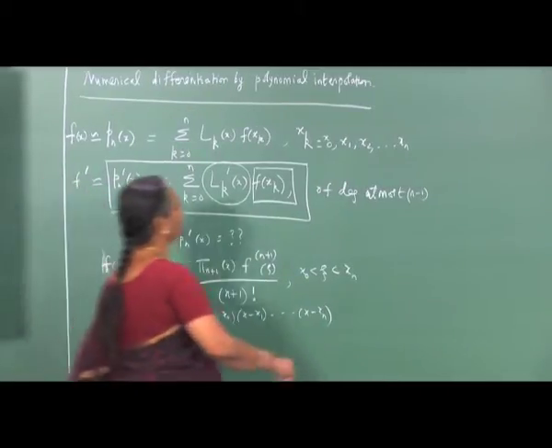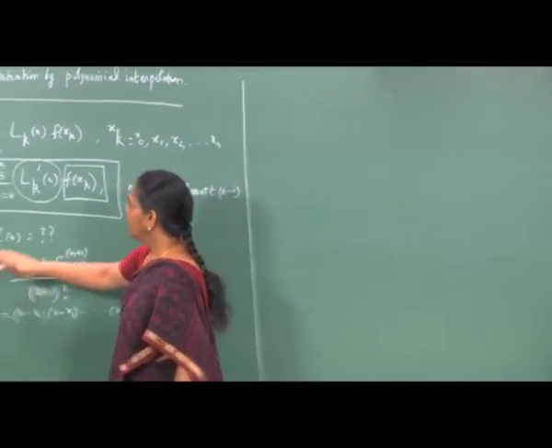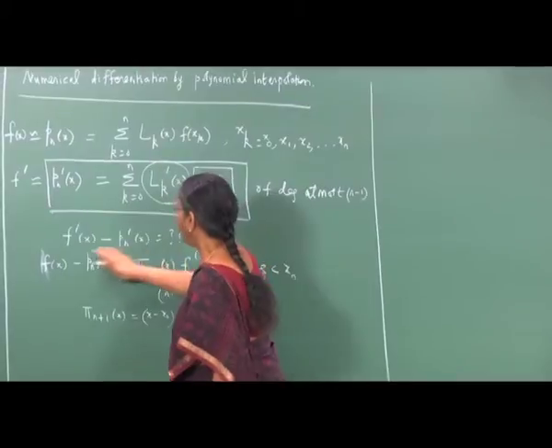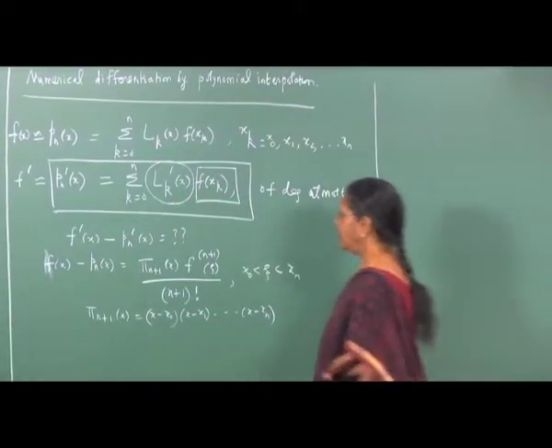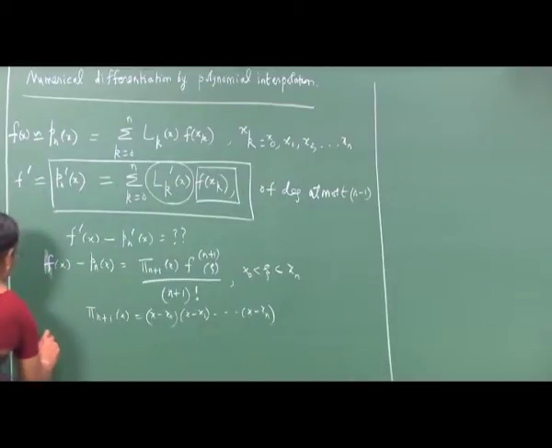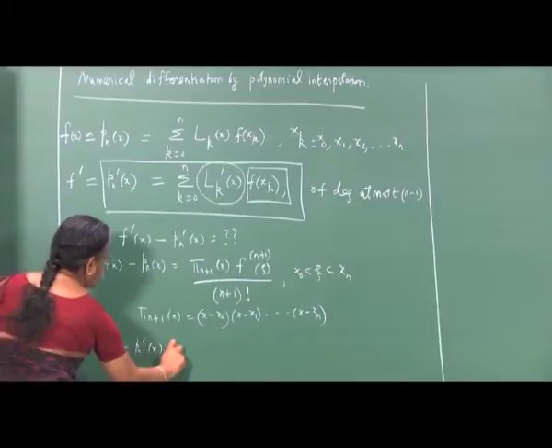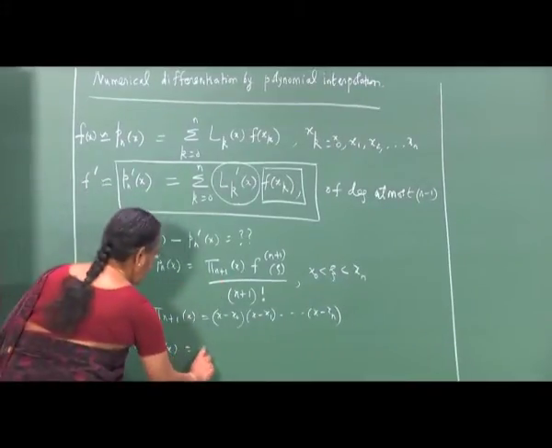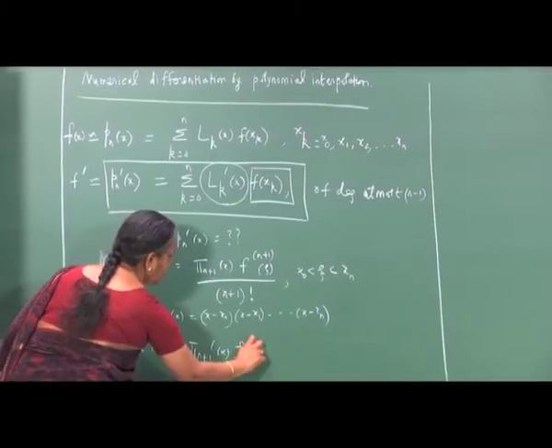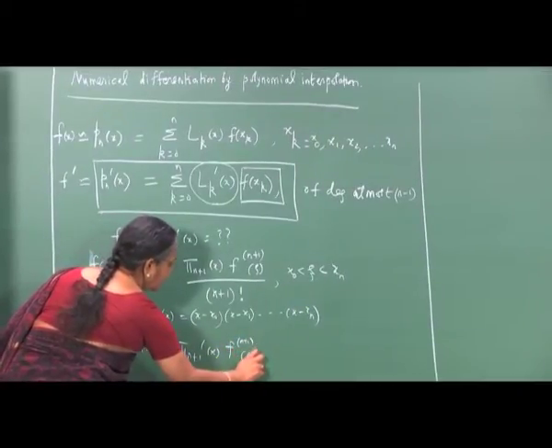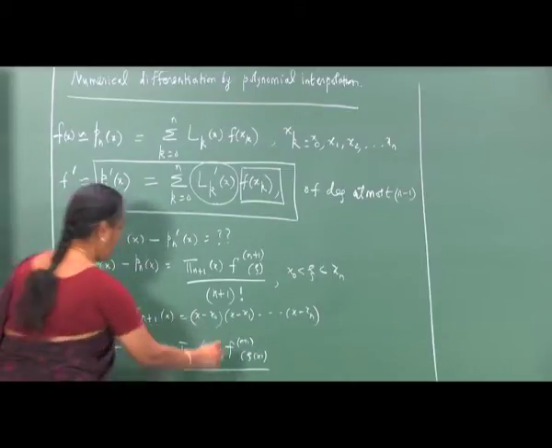So, let us compute the derivative and see whether we are able to give an expression for the error f dashed of x minus Pn dashed of x. If I compute f dashed of x minus Pn dashed of x from the above expression, I get pi n plus 1 dashed of x into the n plus 1th derivative at psi by n plus 1 factorial. Recall that psi is a function of x, it depends on x.